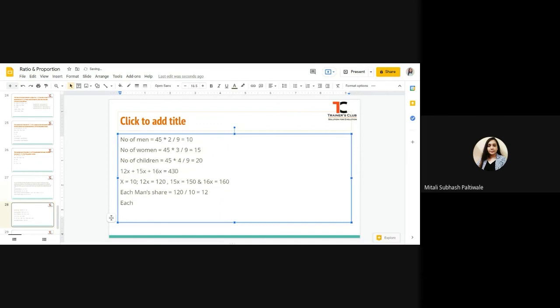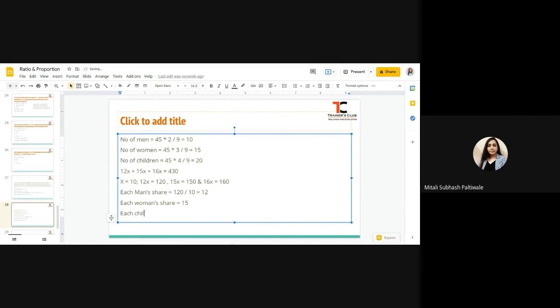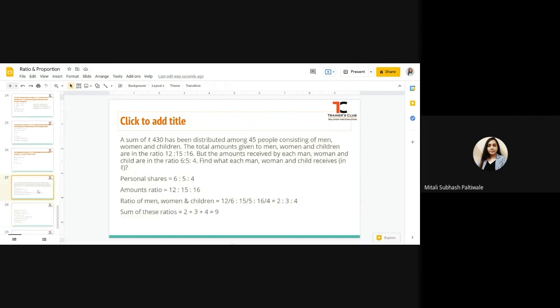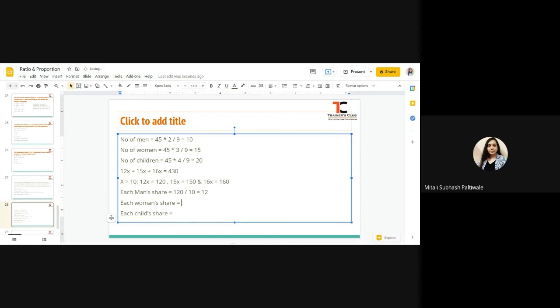Each woman's share is equal to 150 by 15, and this will be rupees 10. How have we found this? 150 divided by 15, number of women.